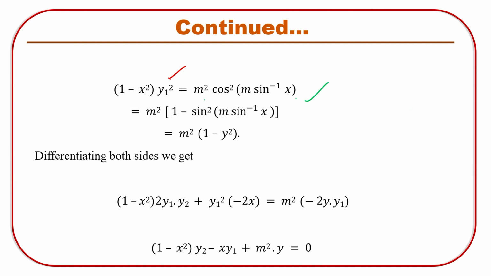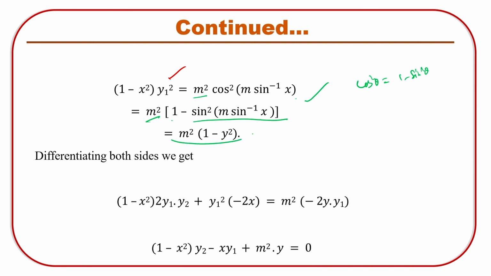So take m square, and this will give you cos square, so that can be written as cos square theta is equal to 1 minus sin square theta. So use sin square(m sin inverse x), and sin square(m sin inverse x) is nothing but, see here, sin(m sin inverse x), so it's nothing but y square.